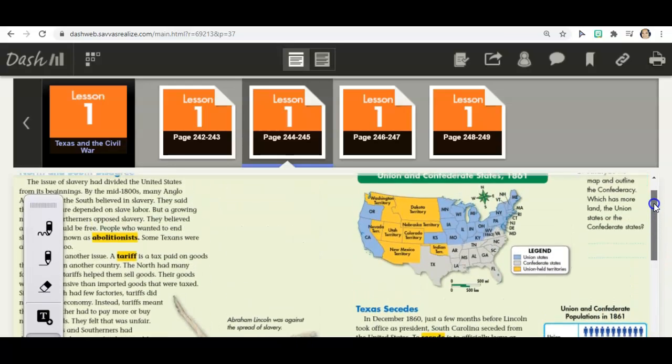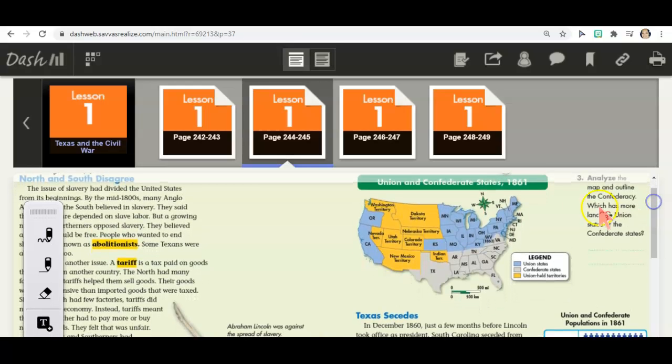And then the map shows the Union states, which were the ones who did not want slavery, and the Confederate states in gray, which are the ones who wanted slavery. You'll notice those are mostly in the South. And then Union-held territories is in yellow.